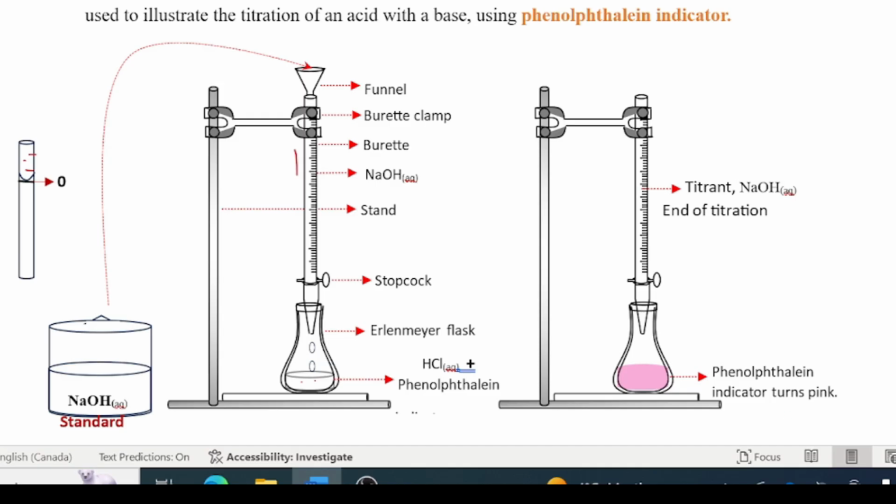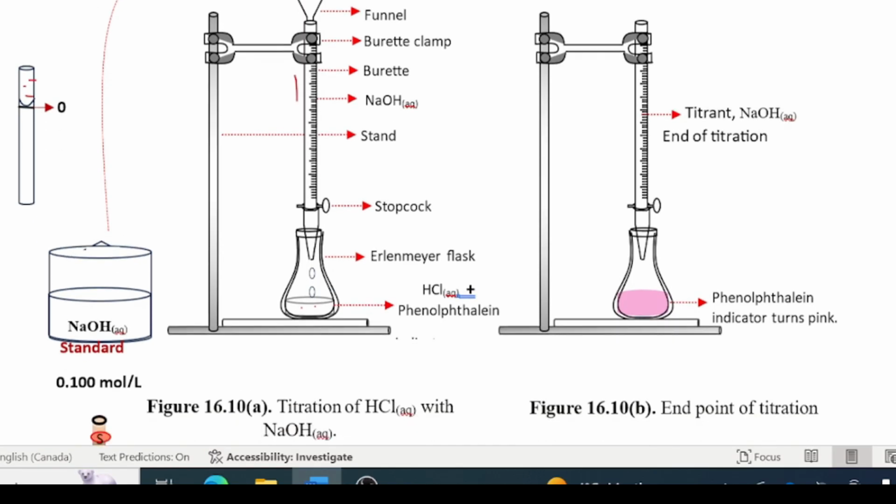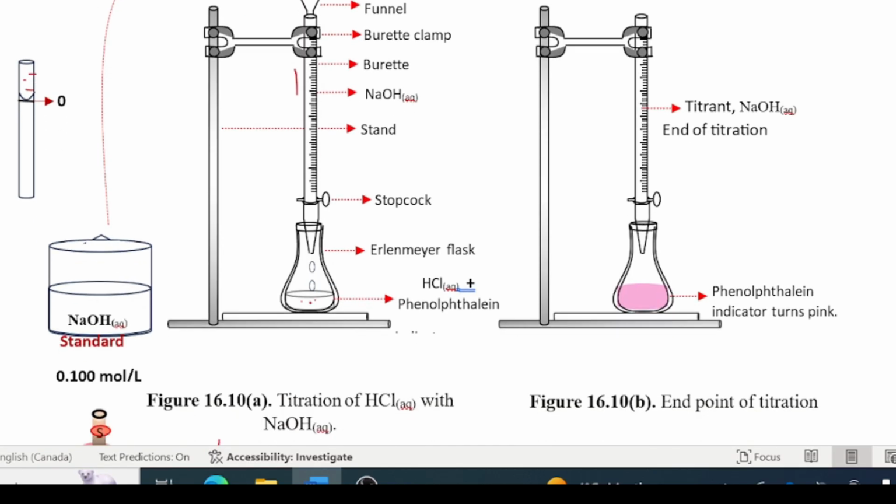We want to know the end point of that titration. That is when all the HCl has just been neutralized by a certain volume of NaOH that we subsequently read off from the burette. Because we started at 0, if it ended somewhere, we can know what volume was used. So the indicator here will tell us that.